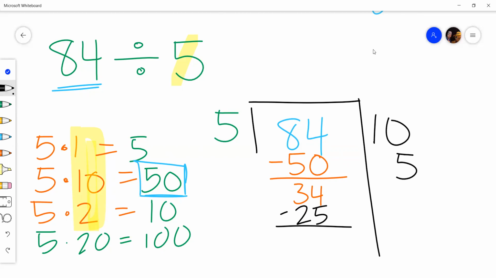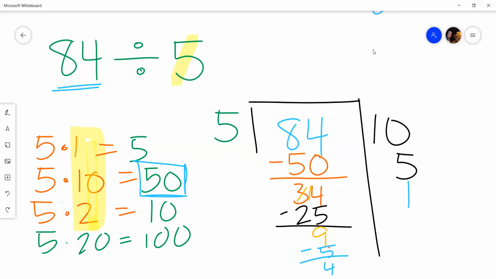I'd recommend you go back and watch the partial quotient videos so this makes sense to you. I am now going to regroup. It leaves me with 9. 5 times 2 is equal to 10. That won't work. So I guess it's just 5 times 1 is 5. And I have 4 left over.